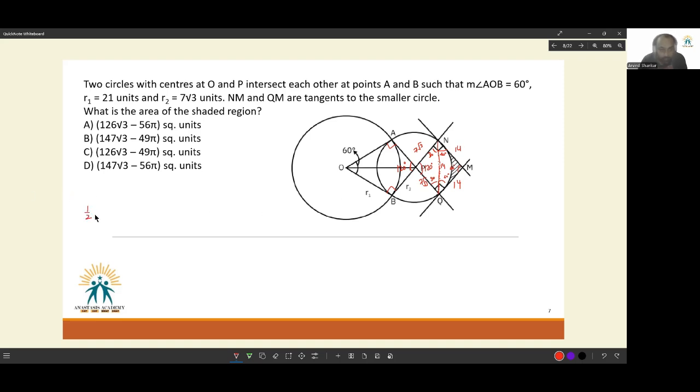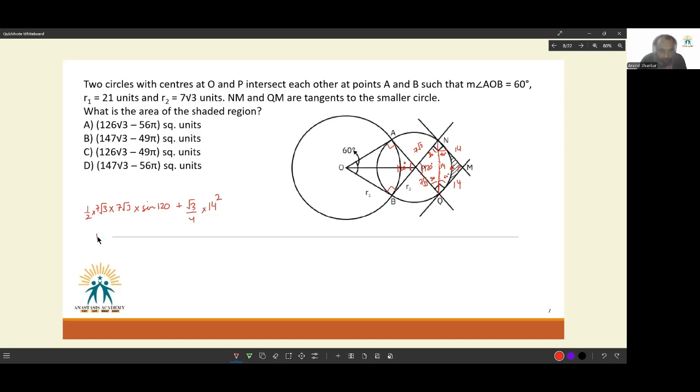Area will be half into 7 root 3 into 7 root 3 into sine 120 plus root 3 by 4 into 14 square. This is the area of NPQ. This is the area of NMQ.